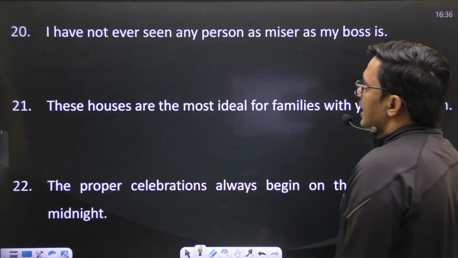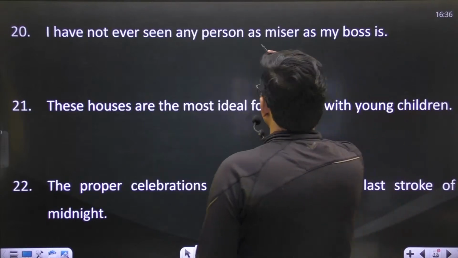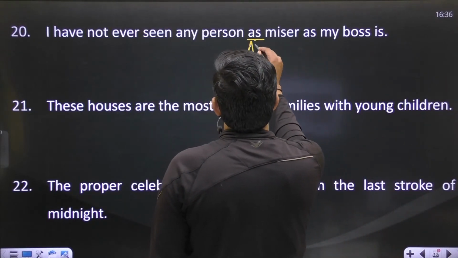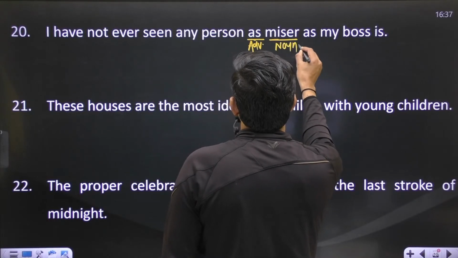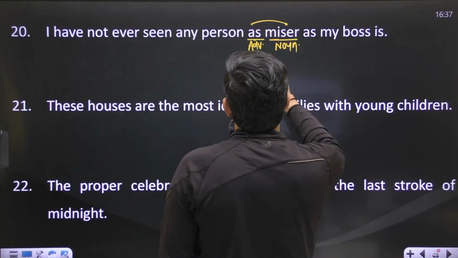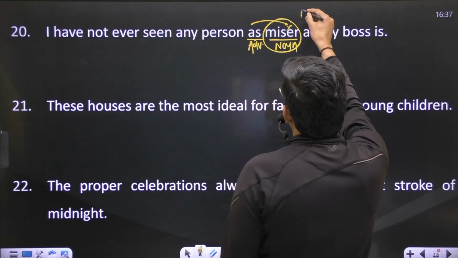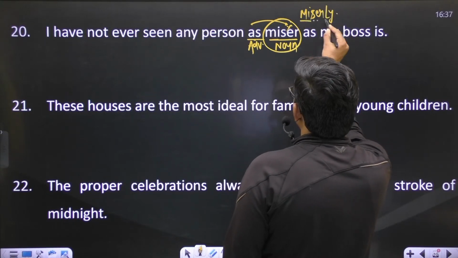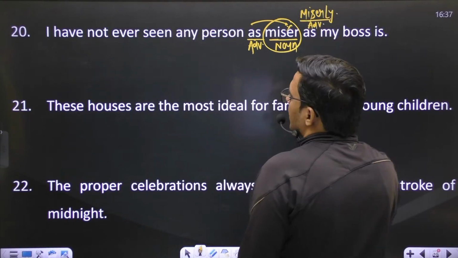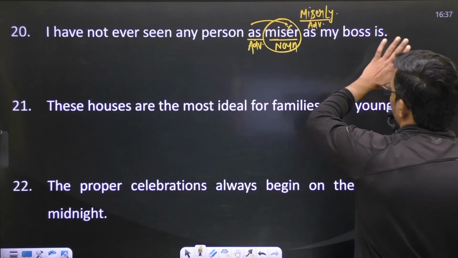I have not ever seen any person as miser as my boss is. This word as is an adverb, and this word miser is a noun. As we know, an adverb qualifies an adjective, not a noun. So miser is a noun, and the adjective is miserly. The sentence will be: I have not ever seen any person as miserly as my boss is.